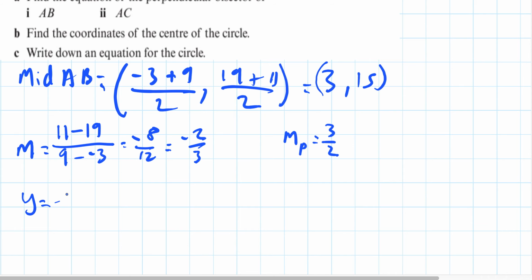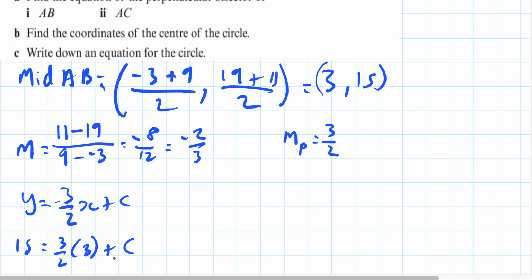y equals 3 over 2x plus c. Work out what c is using this coordinate: x equals 3, y equals 15, so 15 equals 3 over 2 times 3 plus c. We rearrange that: 9 over 2.